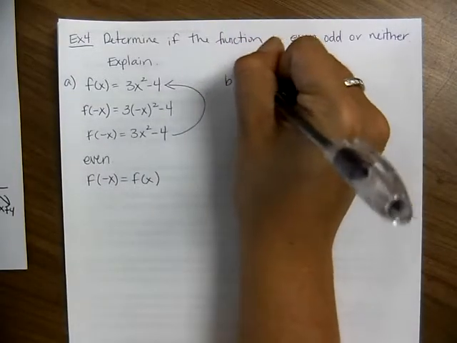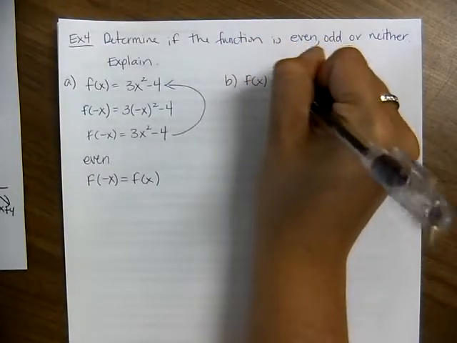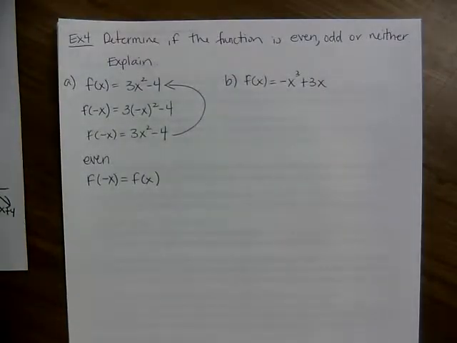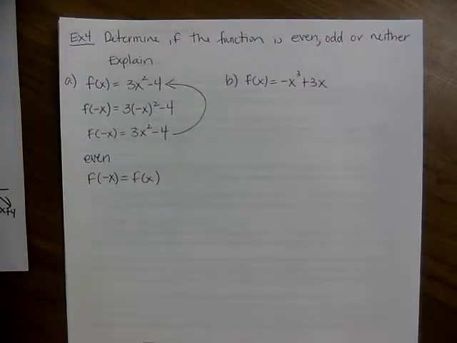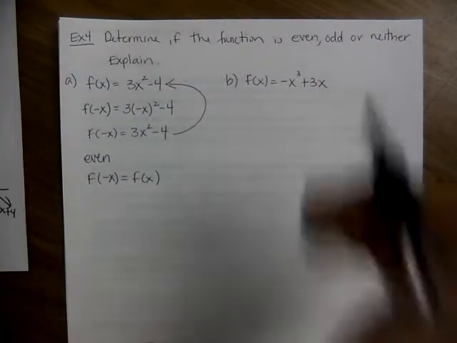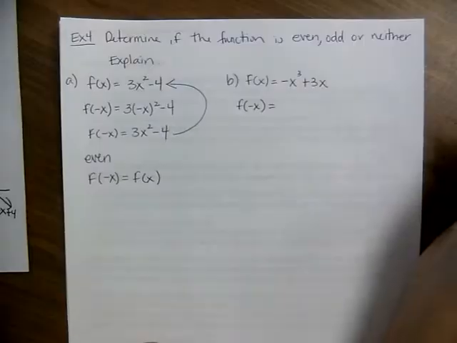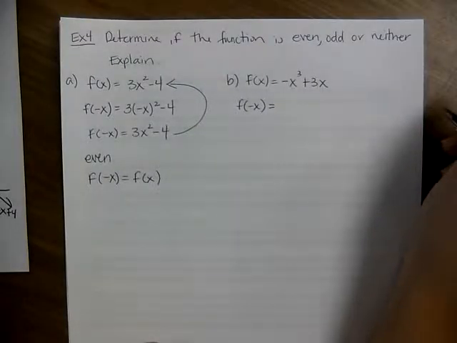All right, how about f of x equals negative x cubed plus 3x? Okay, so we're going to do the same thing we just did, but we got to be careful when we're plugging it in. We want to make sure we plug it in parentheses. So we're plugging in a negative x everywhere we have an x.